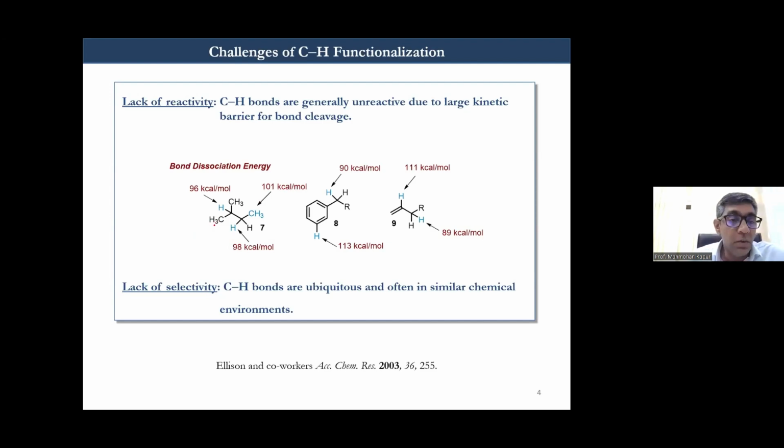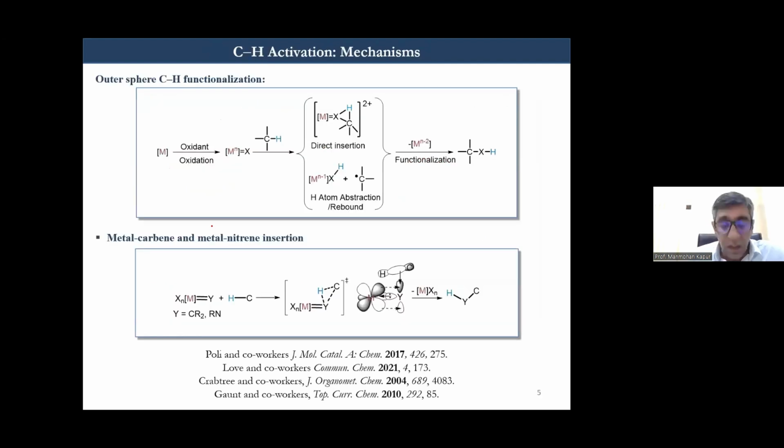Not only that, when you look at a hydrocarbon, C-H bonds are quite ubiquitous. Essentially, they are found in similar chemical environments, and you have more C-H bonds than you would have other functional groups in a molecule. Therefore, selectivity becomes a very large problem for functionalization.